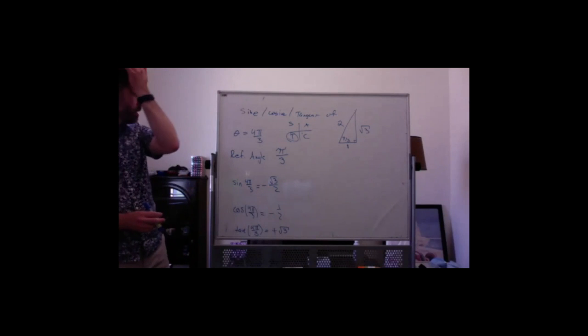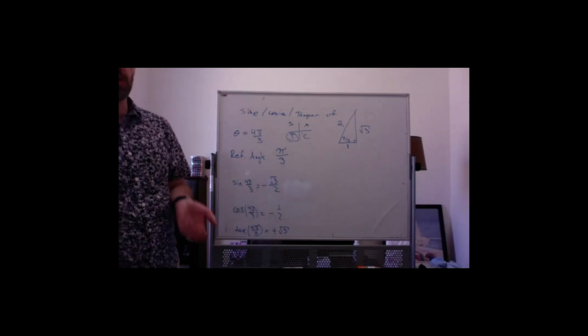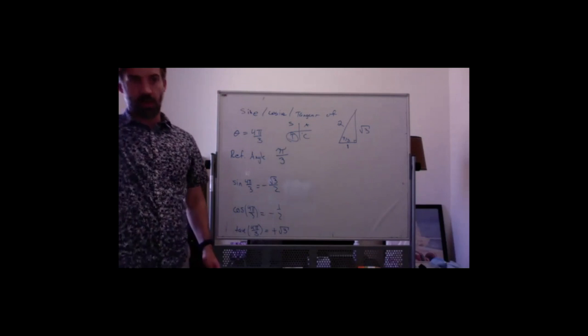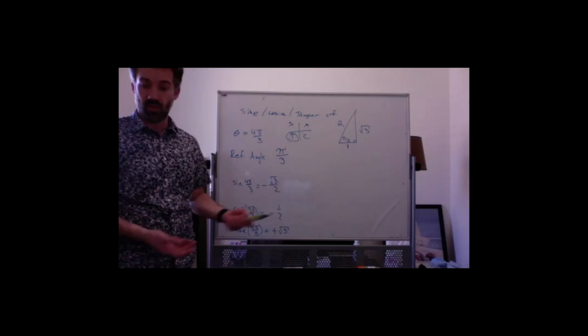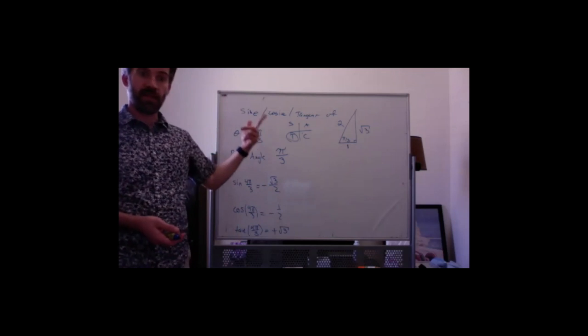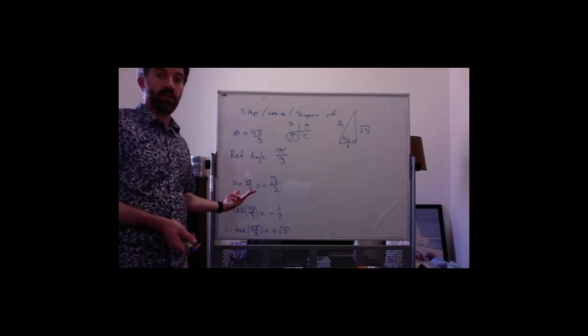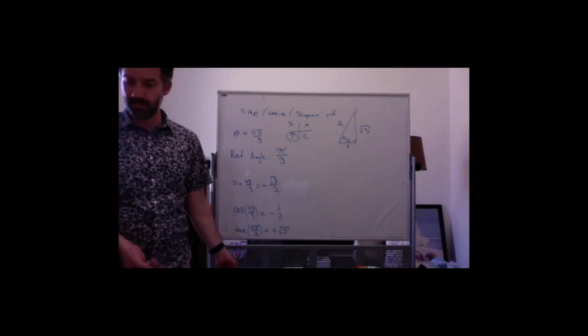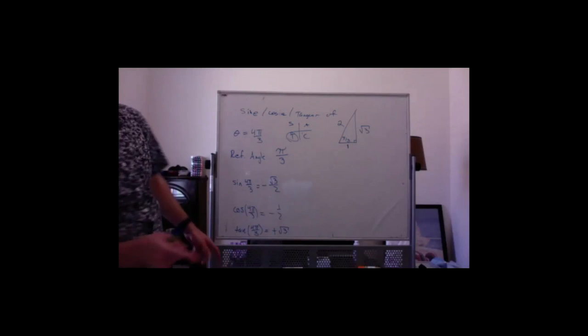And to me, that's probably the most efficient way to evaluate trig functions of angles that are bigger than pi over 2 or 90 degrees, is to find the reference angle, find the values based on that reference angle, and then determine the signs based on the quadrant that we're in. So let's do one more, maybe 2 more examples.